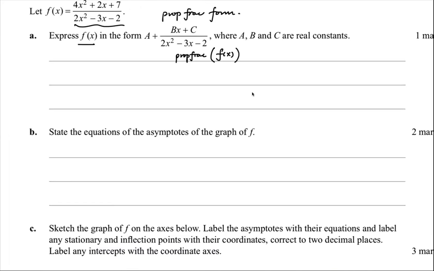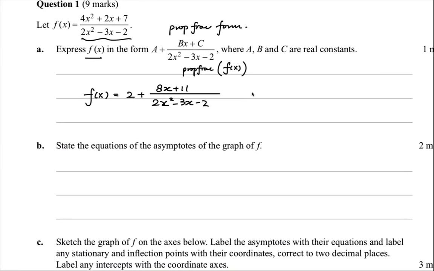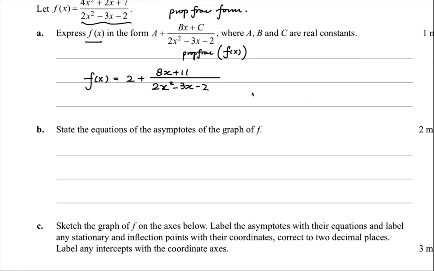So basically, f of x is just 2 plus 8x plus 11 divided by 2x squared minus 3x minus 2, okay? Well, you shouldn't express this one in partial fraction form because you know this one can be further decomposed into two parts, okay? So just leave it like that.